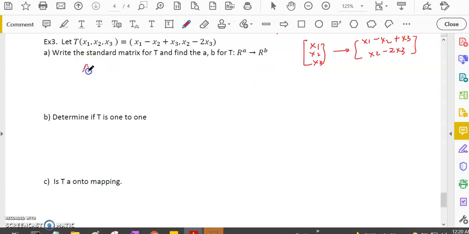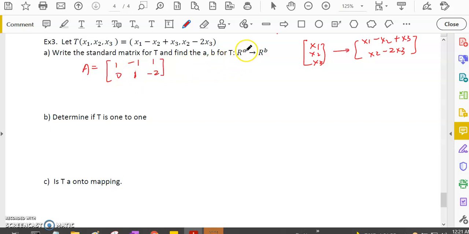So you can see that A equals: for x1, I have 1 and 0. For x2, I factor out and get -1 and 1. For x3, I get 1 and -2. So this is our standard matrix. Basically, look at x1, x2, and x3 and write the column vectors, because that's the definition of matrix multiplication in vertical columns.